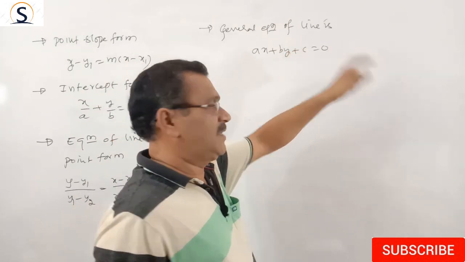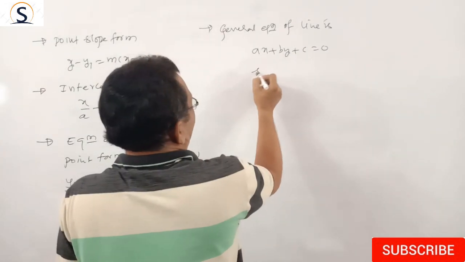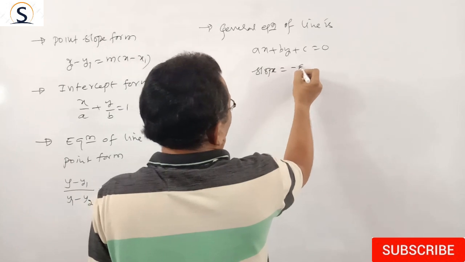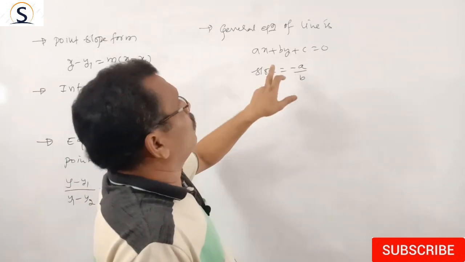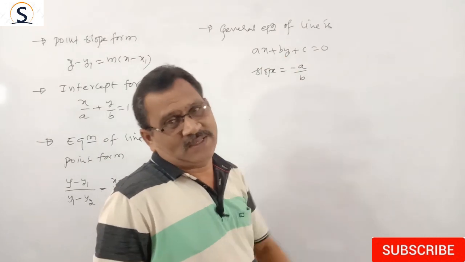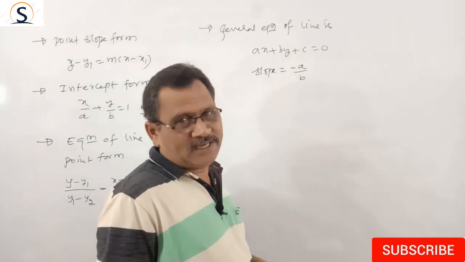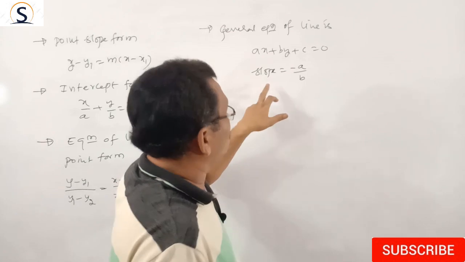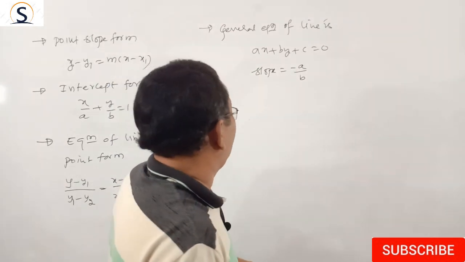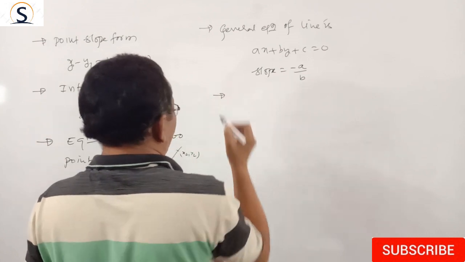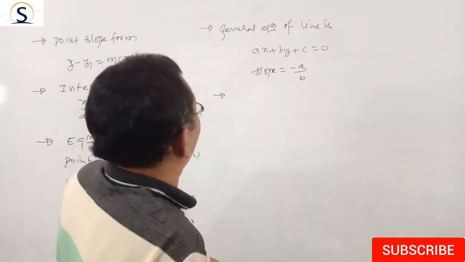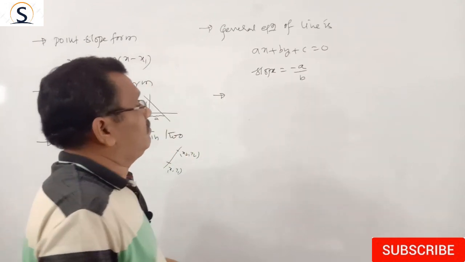Now its slope is equal to minus a by b. Simply you convert into y is equal to mx plus c, then x coefficient is the slope of the line, that x coefficient is minus a by b. This is general form equation of a straight line. 2-point form, next general form.